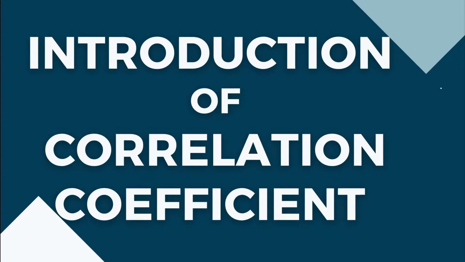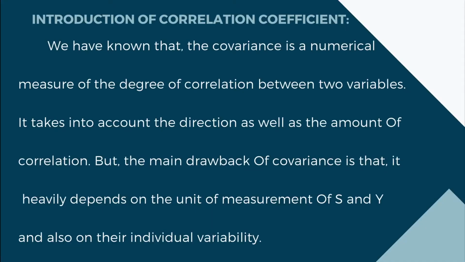Now in this lecture we will discuss the correlation coefficient, which will overcome the drawbacks of a covariance between x and y. So we shall start with the introduction of correlation coefficient.